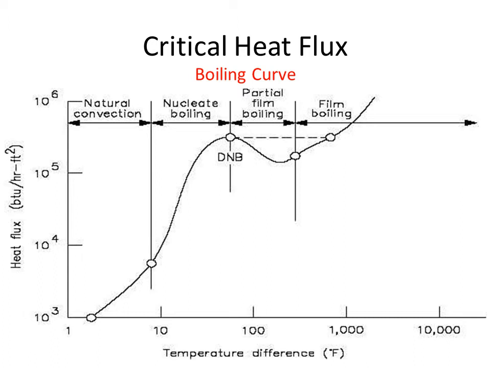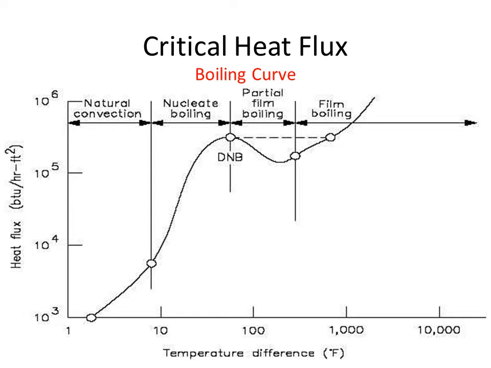In practice, if the heat flux is increased, the transition from nucleate boiling to film boiling occurs suddenly, and the temperature difference increases rapidly, as shown by the dashed line in the figure.